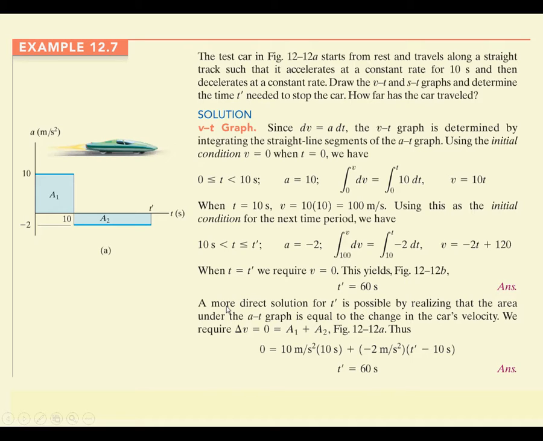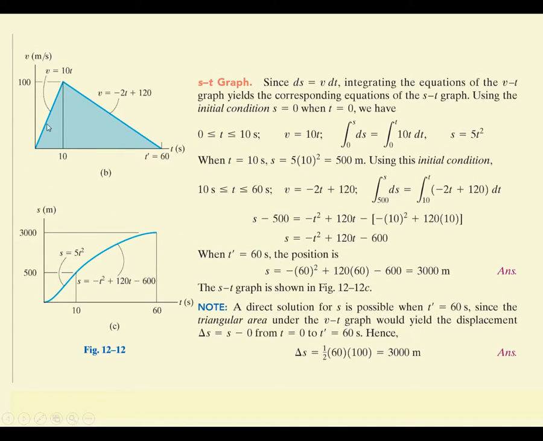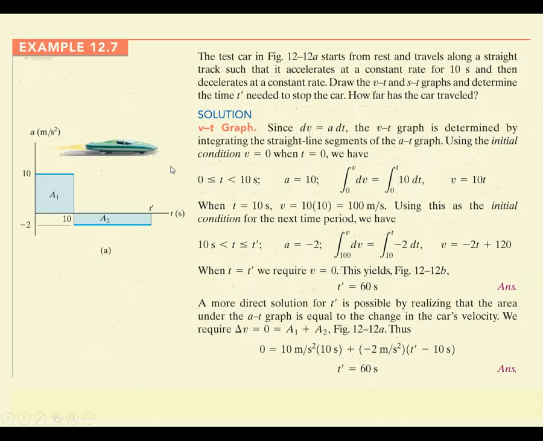So when t is equal to t prime, we require that the velocity is 0. From the picture 12b, this would be the velocity, and this would be at 60 here. So you write the equations here.